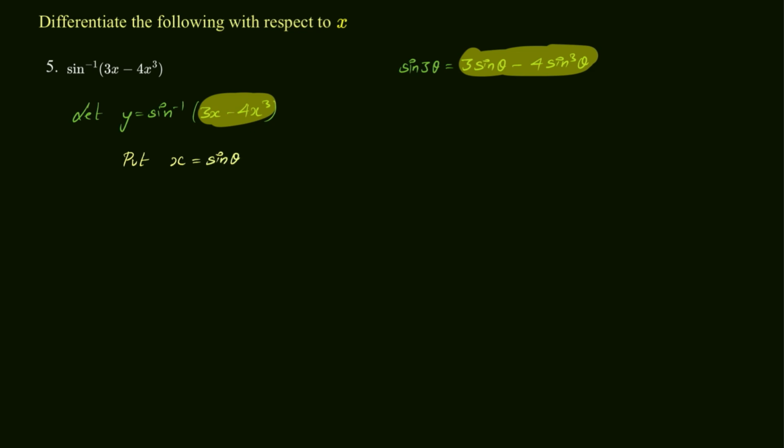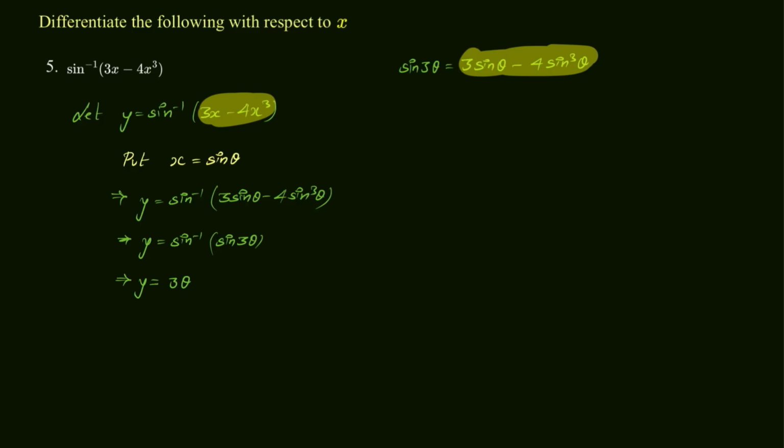Then we will have y equals sine inverse of 3 sine theta minus 4 sine cube theta. And that means this is the formula for sine 3 theta. That means my function became 3 theta only.